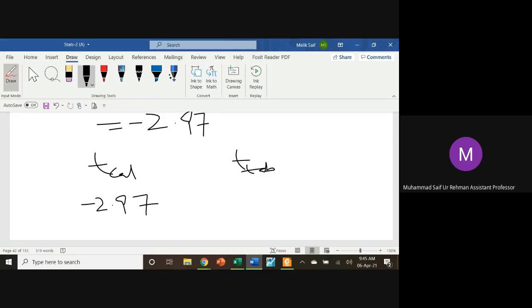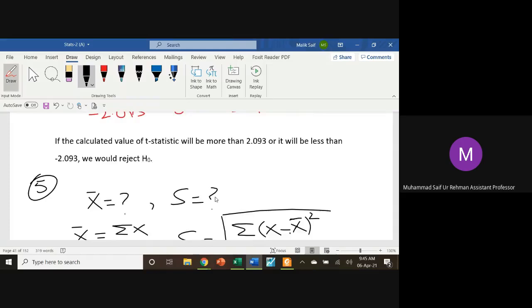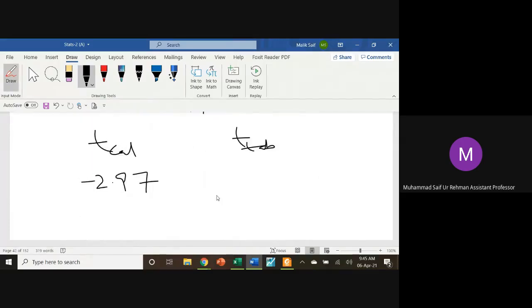So this value is minus 2.093, with negative sign. So which one is larger out of these two? 2.093 is larger. So you will put this sign.